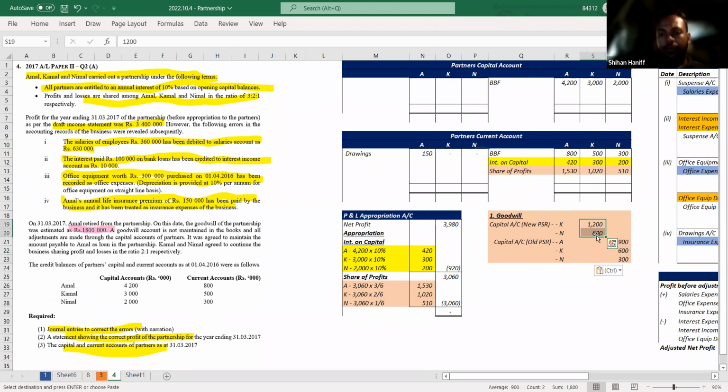New ratio is 2:1, only Kamal and Nimal. So let's record that in the capital account.